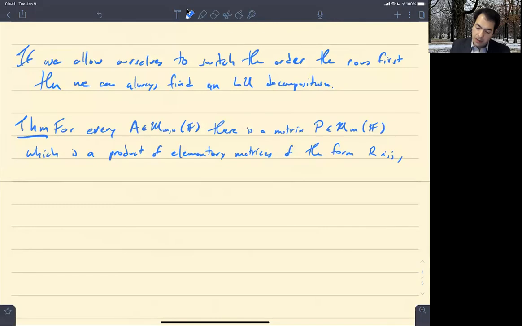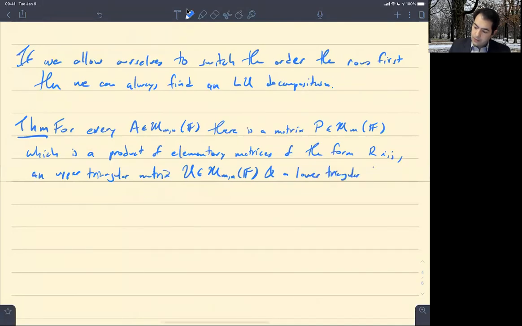Right, so there's a matrix P, there is an upper triangular matrix U, same size as A, and a lower triangular L, of size m by m such that P times A is equal to L times U.